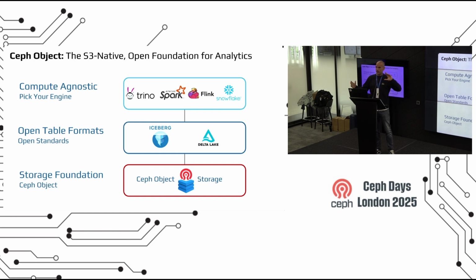It doesn't really matter at what point you are in the journey of the data modernization of your analytical workloads. You can maybe still be with a legacy approach using Hadoop and HDFS, and then you can use Ceph to move HDFS into object storage using the S3A connector. You can maybe be more forward in time, already using open table formats, Iceberg, Dremio, whatever, a warehouse approach.